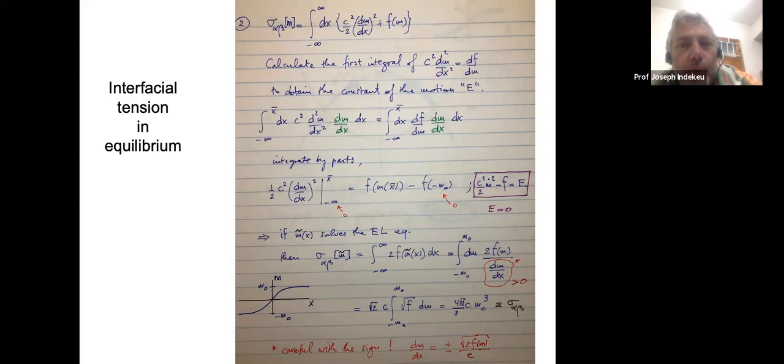And the first integral of the Euler-Lagrange equation is obtained by taking the Euler-Lagrange equation and multiplying each side by dm/dx, and then integrating between 2 points in space, like minus infinity and some x bar. And if we do that, then we obtain expressions that are quite simple to manipulate. So the one on the left, we can integrate here by parts.